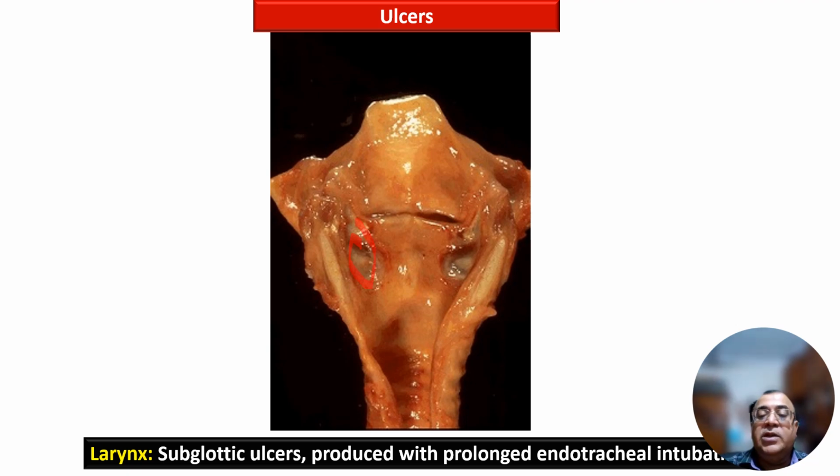Due to prolonged endotracheal intubation, there is development of subglottic ulcers. Mechanical ulcers, also termed pressure ulcers or decubitus ulcers, can form on the skin over bony prominences in persons who are bedridden for an extended period of time.